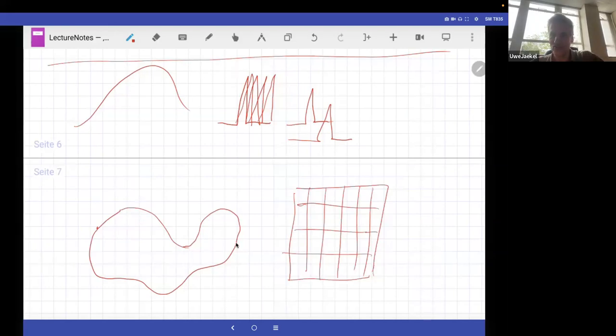Take this square or rectangle and subdivide it into smaller squares, and use finite differences to get the partial derivatives with respect to this variable or to this variable, and so on. Now, that would be finite differences, but here this is not a good choice. You would have to use a very fine grid to get this geometry described. What you can do instead is, for instance, use triangles to approximate this region.